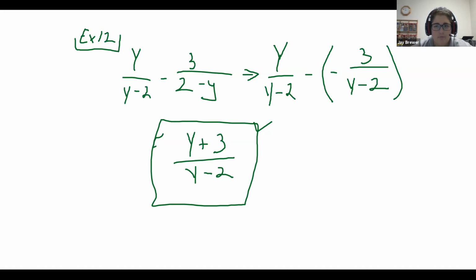Okay. All right, so for number 13, we're going to be adding and subtracting. It is three rational equations in one. So I don't think I've used this blue before. It's very nice.